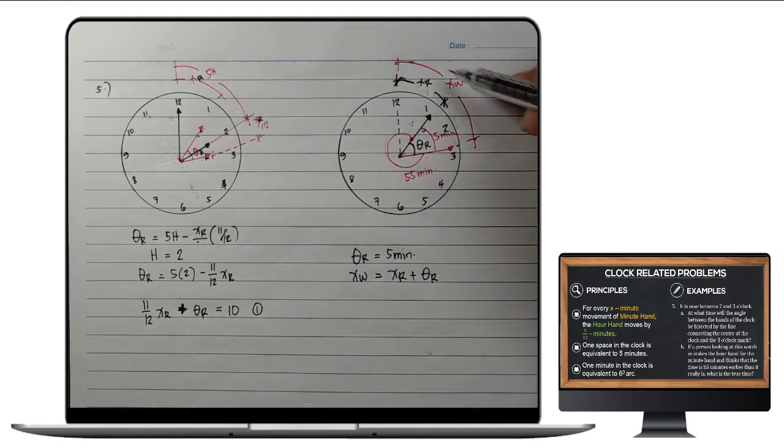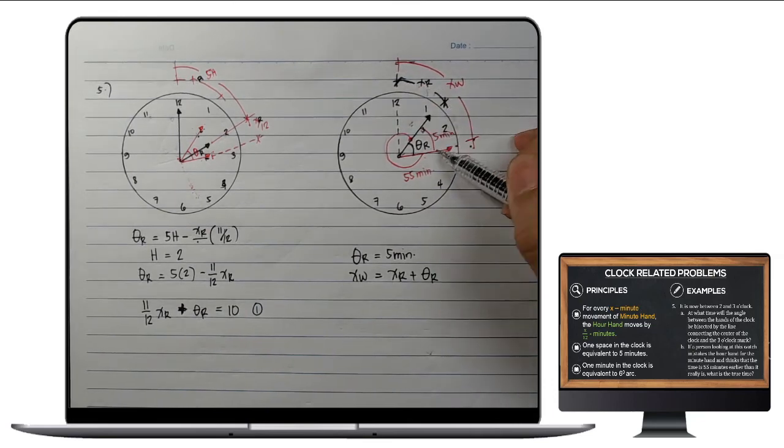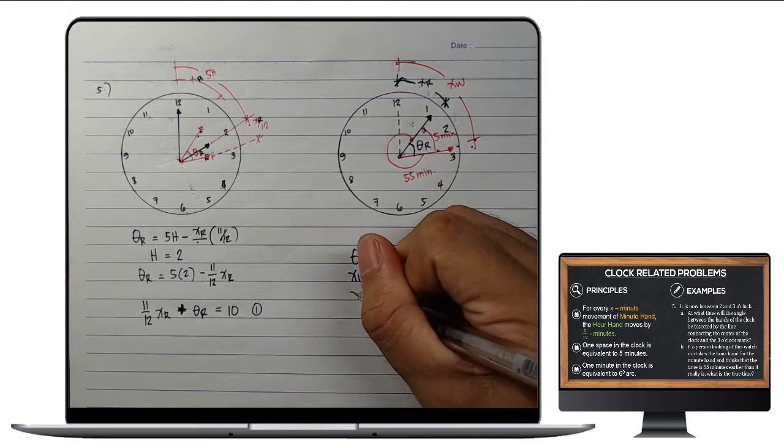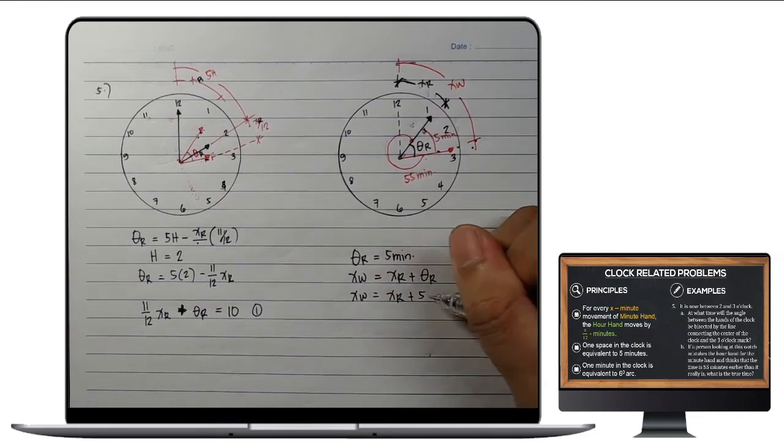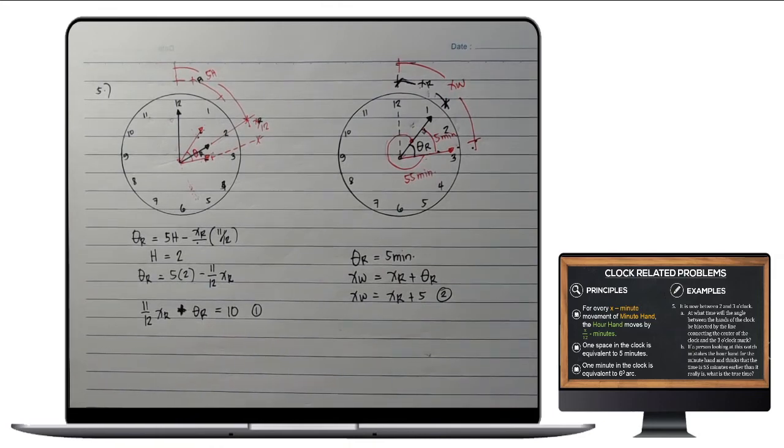Okay, so X sub W is equal to X sub R plus this theta or this 5 minutes. So, substitute lang natin. X sub W is equal to X sub R plus 5. Okay, so let's have it as equation 2. Okay, gagamitin natin yan mamaya for checking.